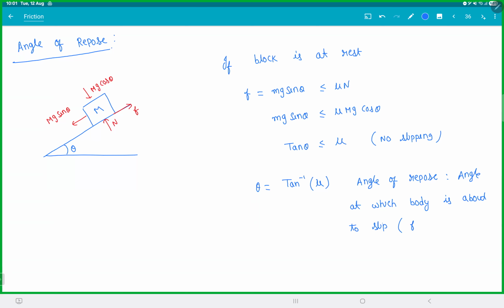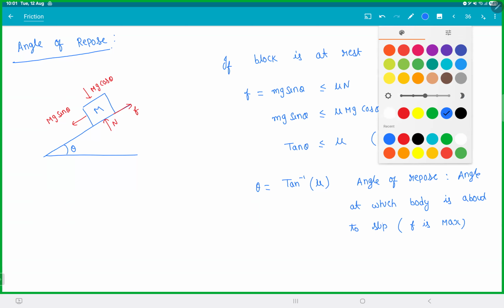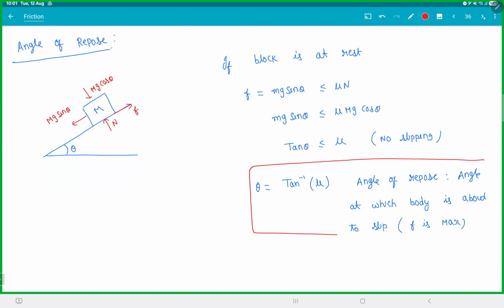F is maximum. So if you exceed this angle, the block will slide. For example, if someone says mu is equal to 1 by root 3, then the angle of repose is 30 degrees. It means if the incline is greater than 30 degrees, the block will slide.